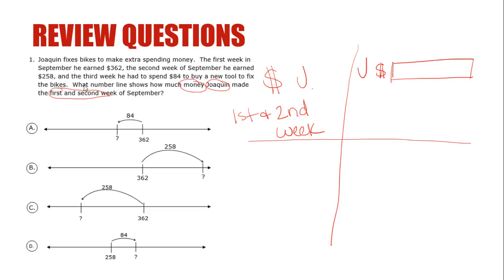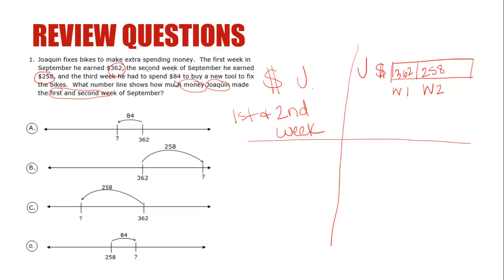The first week in September, he earned $362. So, week 1, $362. We need that because first and second week of September. That's the first week of September. The second week of September, that's what we're looking for, he earned $258. So, $258, week 2.